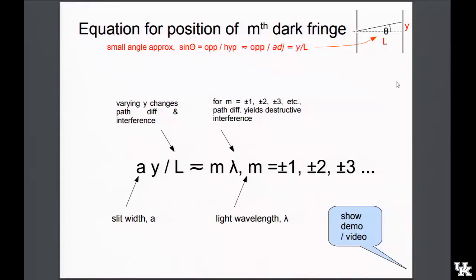So if I make A smaller, I've got to correspondingly make Y bigger. So making the slit narrower expands, stretching the diffraction pattern. And making the slit wider compresses, shrinks the diffraction pattern, because over here is sitting simply integer multiples of the wavelength of light.